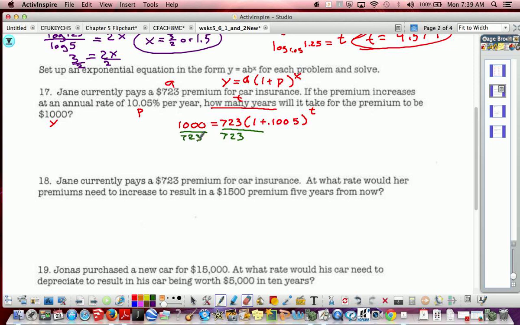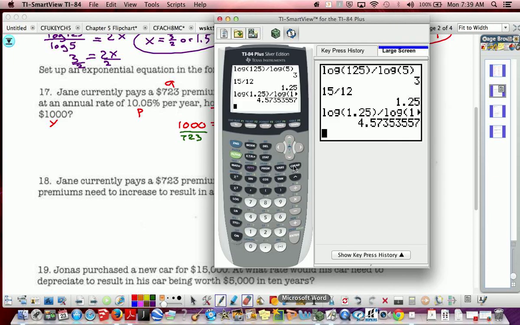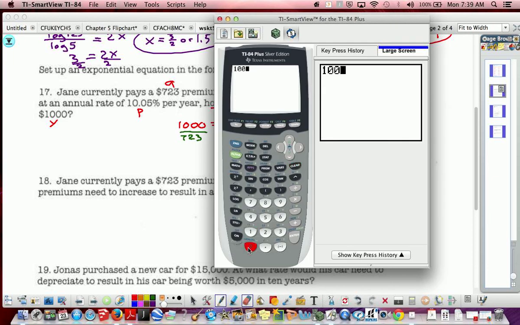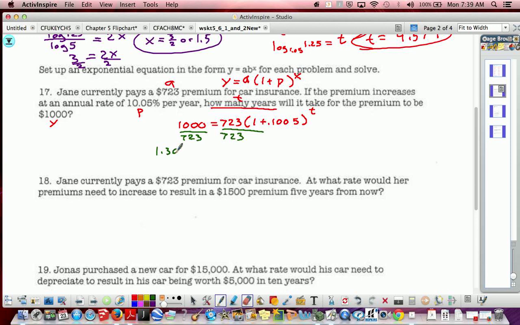So when I do, 1,000 divided by 723, get a nice decimal. So what I like to do is go 1.303... equals 1.1005 to the T.